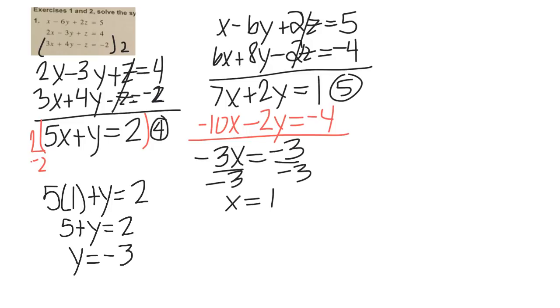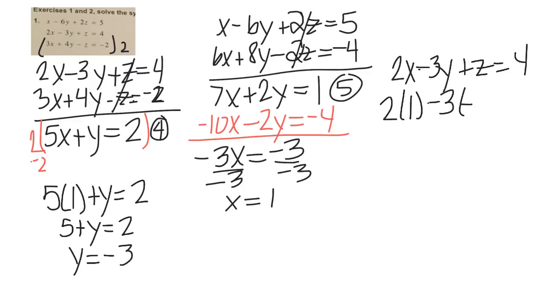And then now I can go back to my original equations and plug in and find z. So I'm going to use 2x minus 3y plus z equals 4. And I'm going to plug in what I know, 2 times 1, because x is 1, minus 3 times negative 3 plus z equals 4.